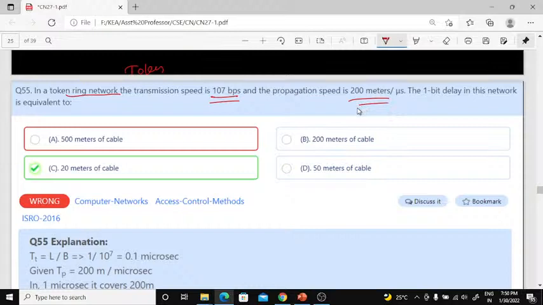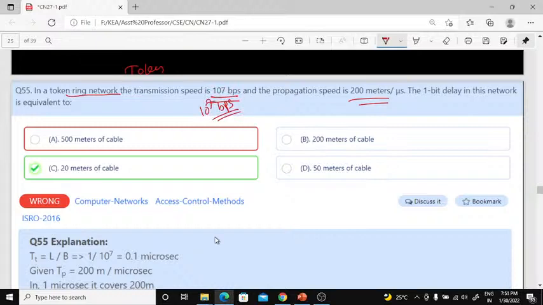The 1 bit delay in this network is equivalent to what? Here the speed is 10 raised to 7 bits per second.